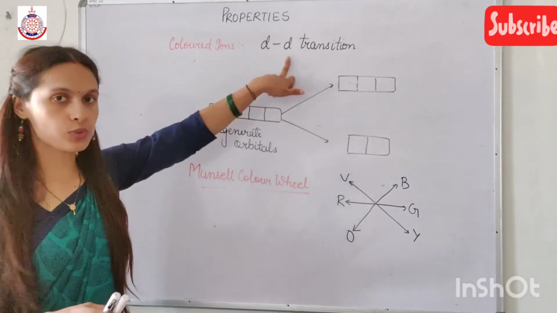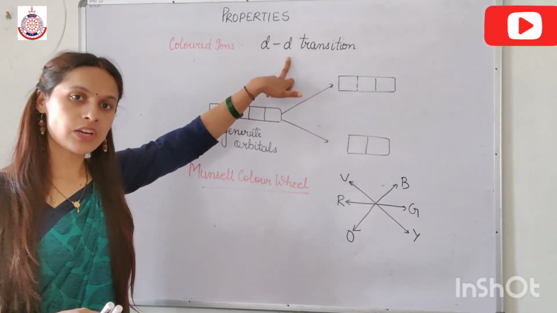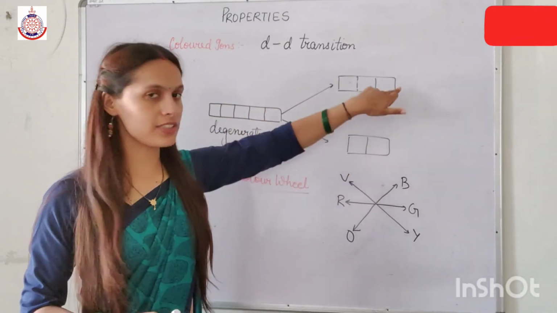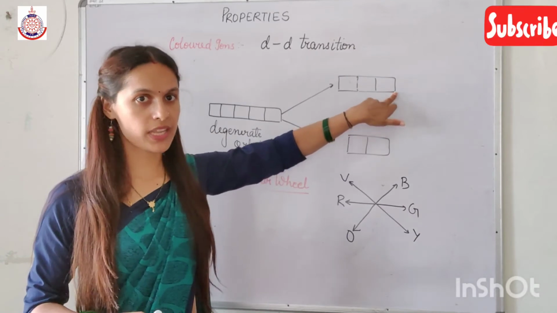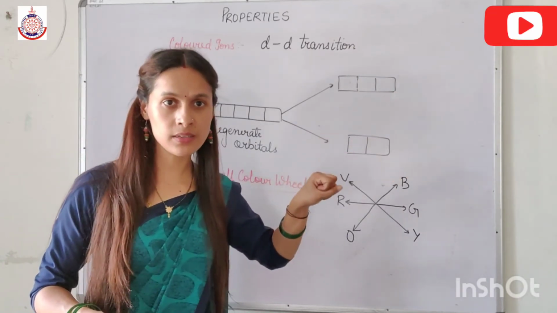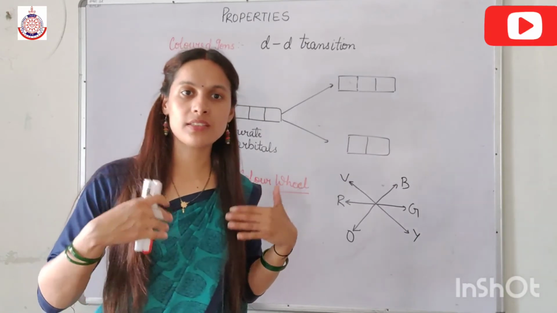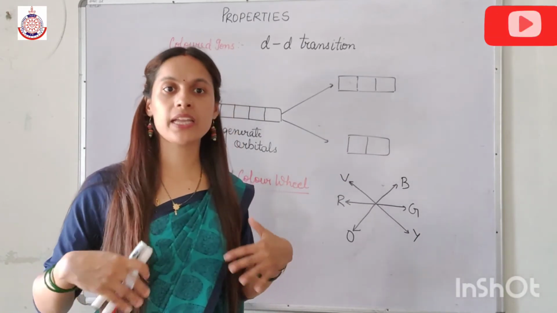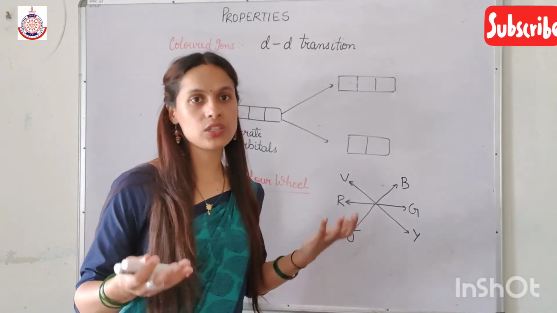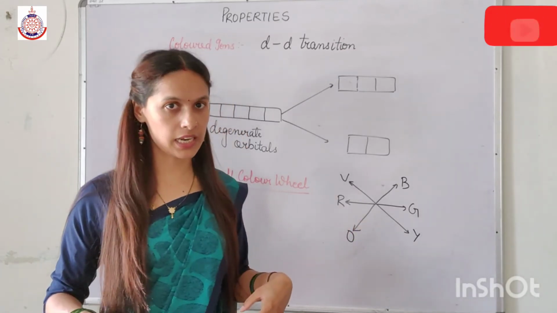So why do the transition elements show colored ions? Due to dd transition. What is dd transition? The electron from the lower energy orbital jumps to the higher energy level. The energy required for this jumping is very less, which comes under the visible region. That amount of energy is absorbed by the element and the remaining energy is emitted in the form of radiation, and that radiation is observed in the form of color.